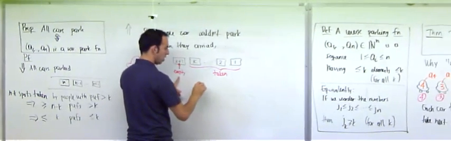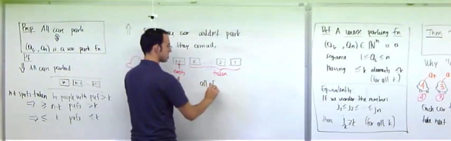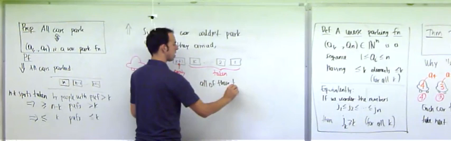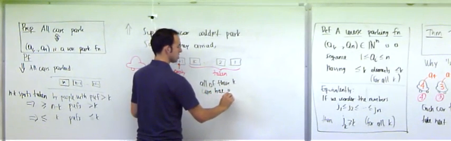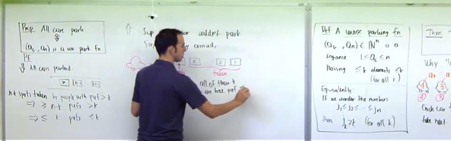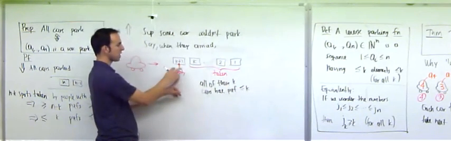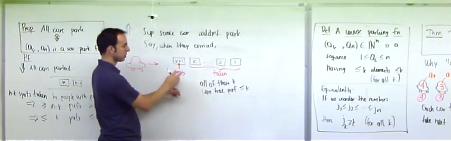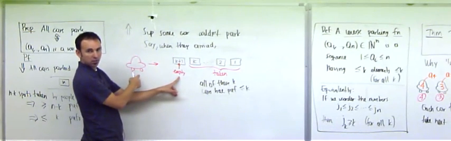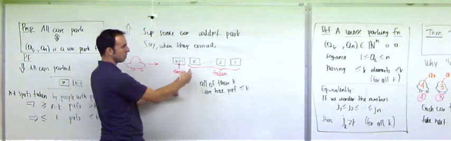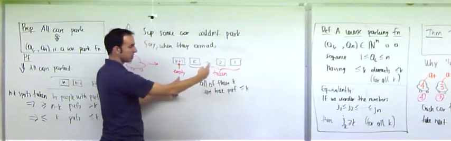So all of these k cars have preference less than or equal to k, because if they had a preference bigger than k, they would have taken this spot. And if this car cannot park, that means that it must also have a preference less than or equal to k.